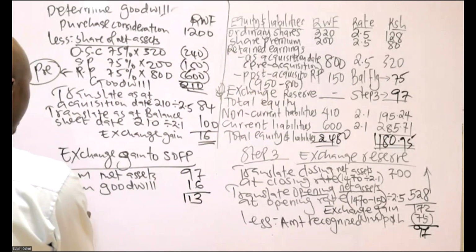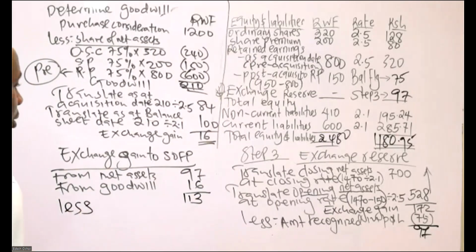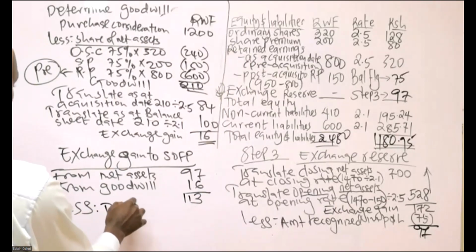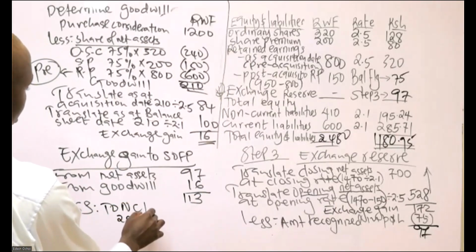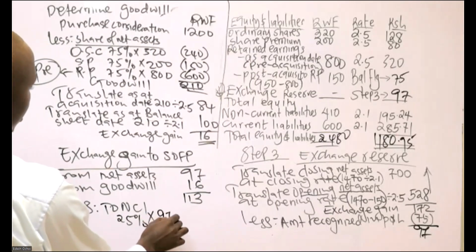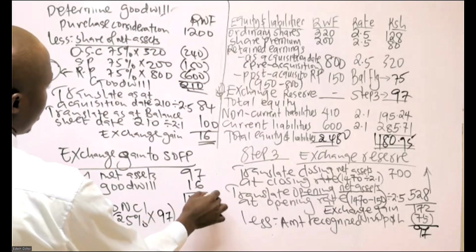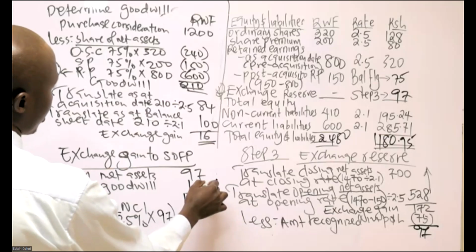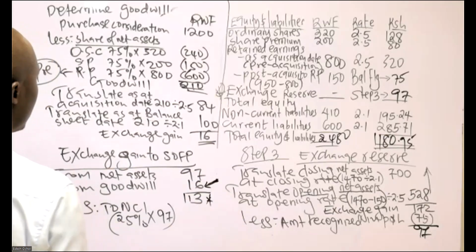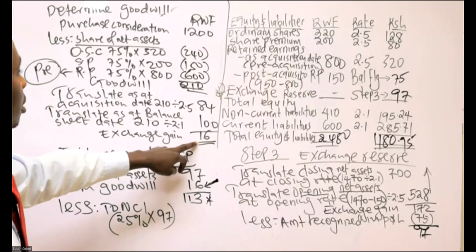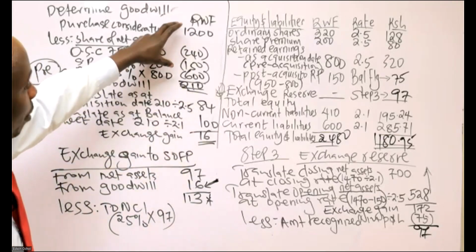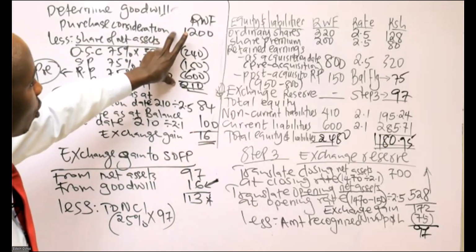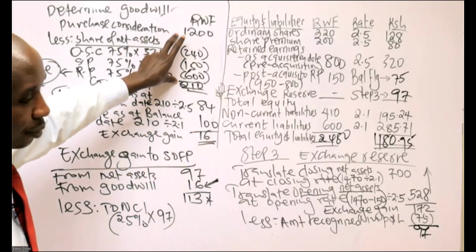But remember that the parent never controlled the subsidiary 100%. We raise what is going to NCI: 25% of 97. I will not use the total because when we were doing the goodwill, we used the partial method. NCI was never affected.